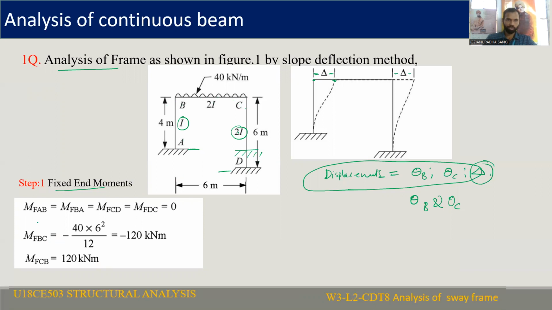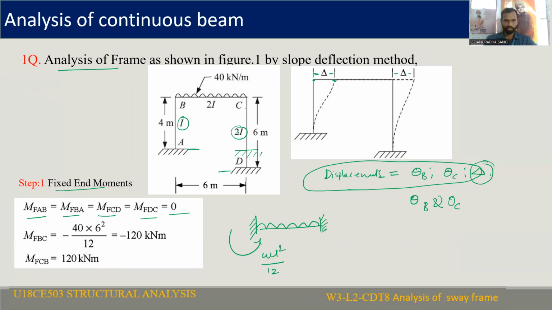That means MFAB, MFBA, MFCD, MFDC will be equal to 0. Coming to the BC span, which is subjected to a uniformly distributed load, the fixed moment can be calculated by using the formula WL square by 12.